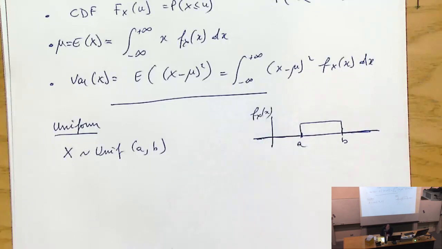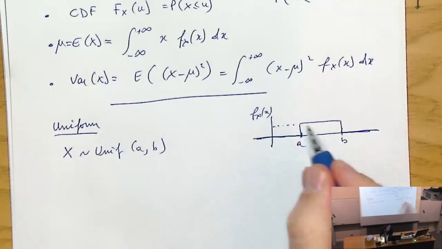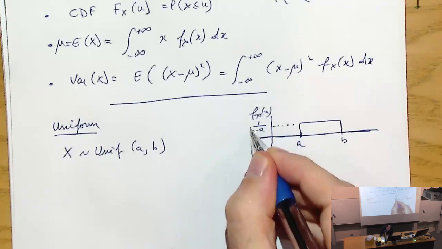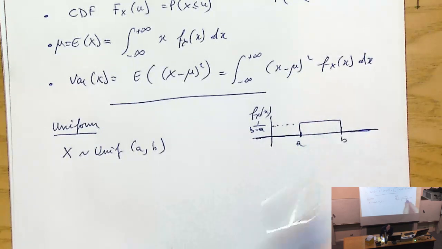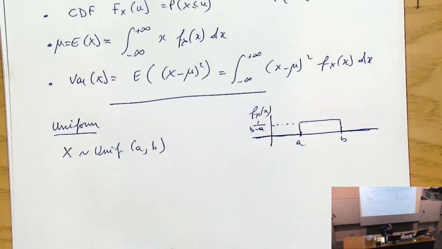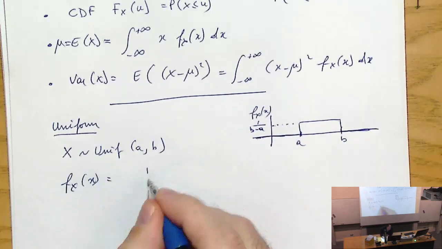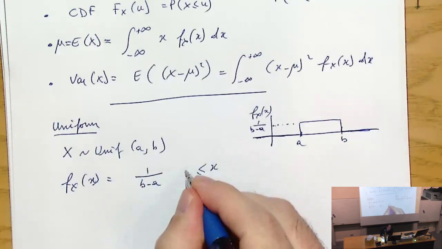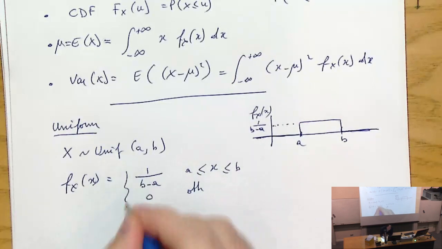Right, so for this to be a valid probability density function, this value here should be 1 divided by B minus A, so that the area under the curve is equal to 1. Okay, so my probability density function is 1 over B minus A if x is between A and B, and otherwise I have 0.